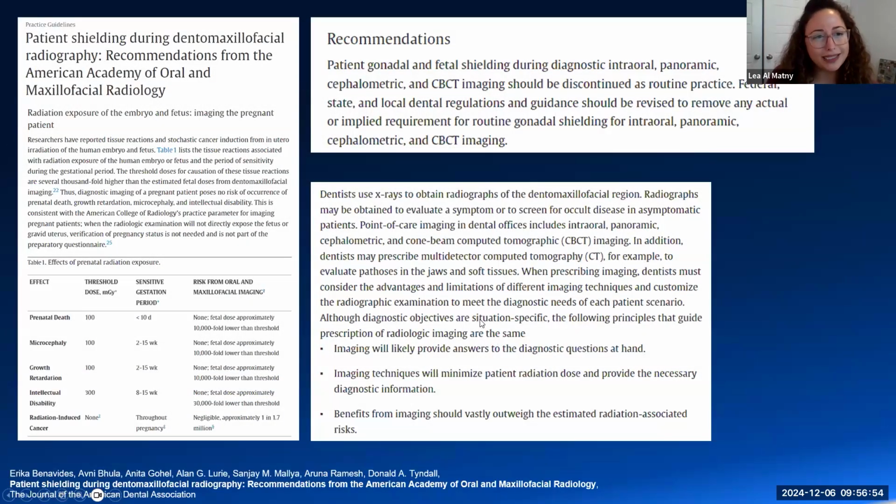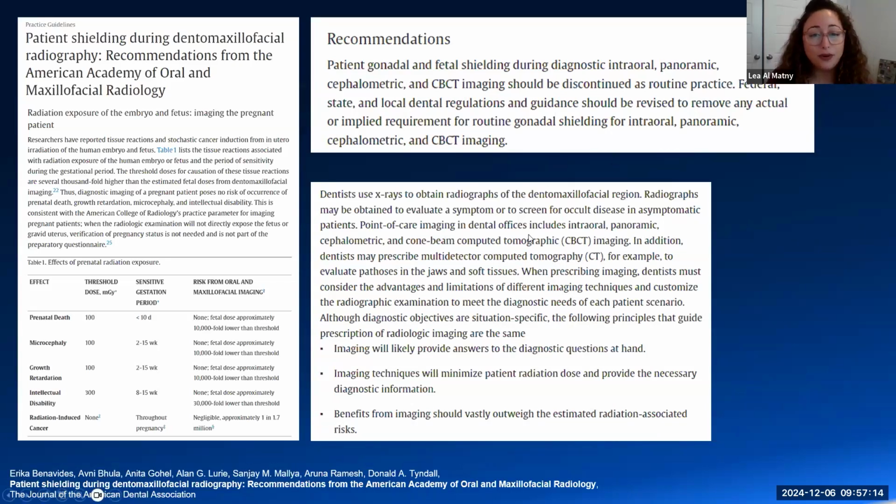Now, before we get to that CBCT scan, I wanted to share this paper with you. And of course, as a disclaimer, please double check whether it's California or any state that you're in, the recommendation that they specifically share.